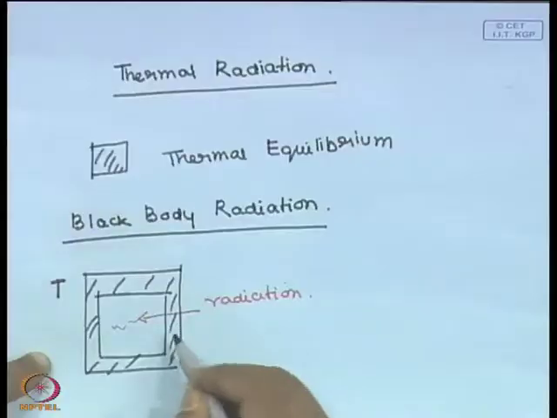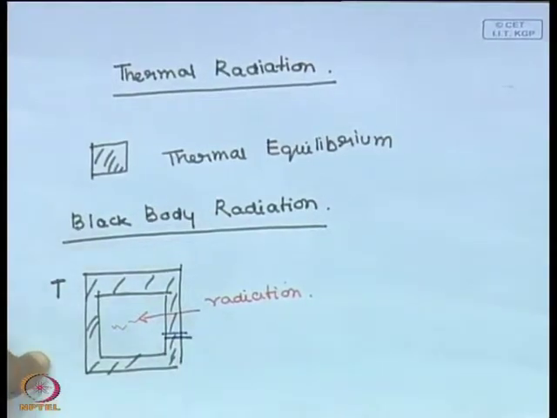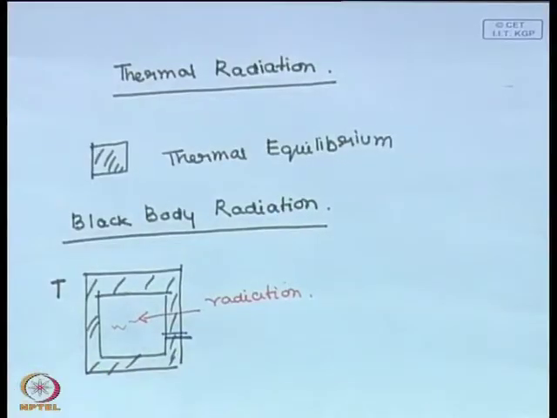Okay. Now, what we do is we make a small hole somewhere here, let us say. The hole is just essential for studying the radiation. So, let us imagine that we make a very small hole through which some of the radiation comes out, without disturbing the equilibrium inside.